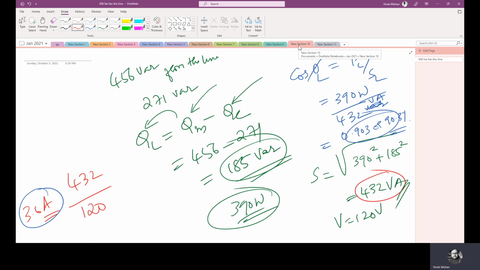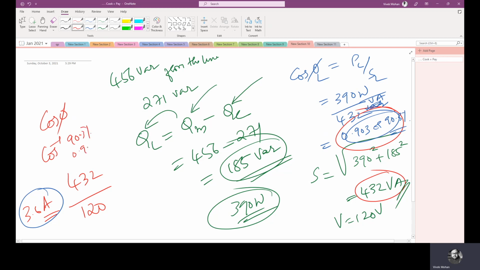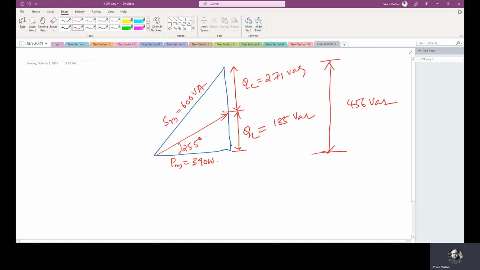My new power factor is 90.3%, which is cos phi. So if I take cos inverse of 0.903, I will get 25.5 degrees.